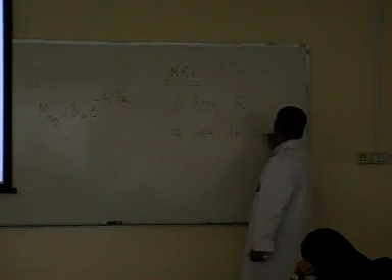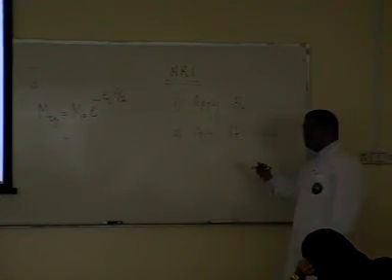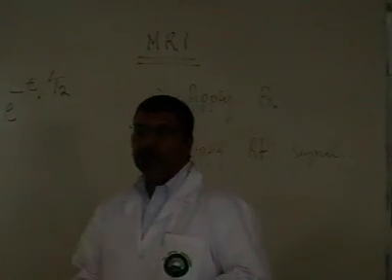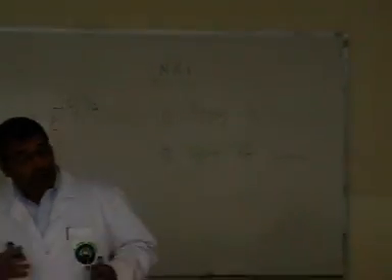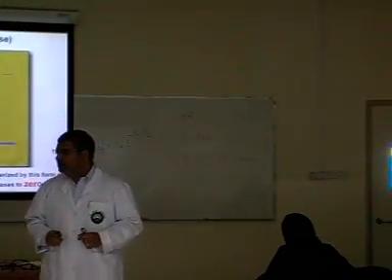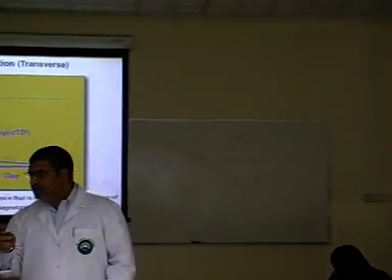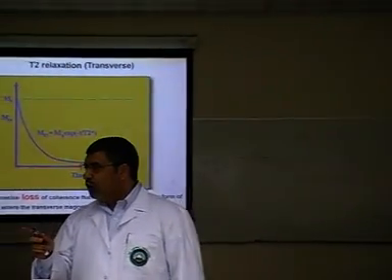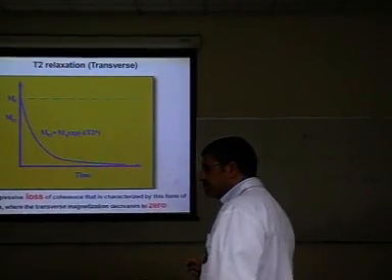Can somebody summarize this for me, what the conditions are here and what is the consequence of applying an RF signal? What sort of frequency, and just a summary of what we've just done. Khalid, do you want to try? What happens when you apply an RF signal?